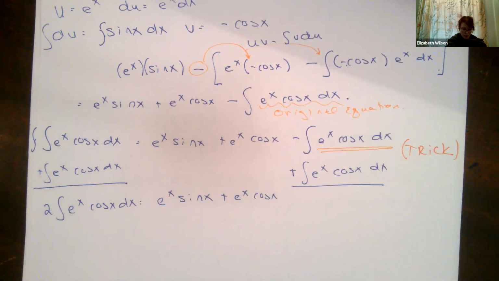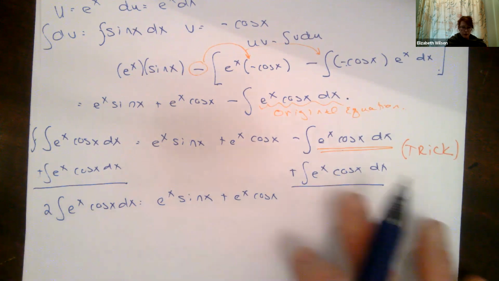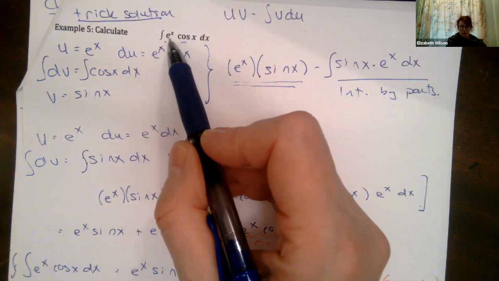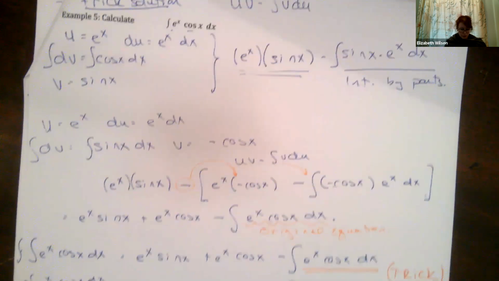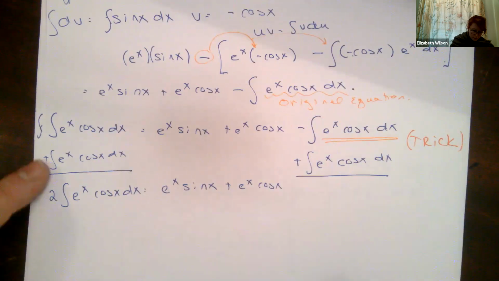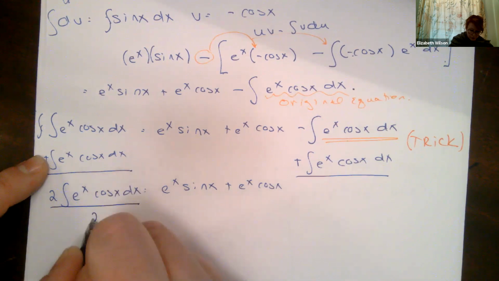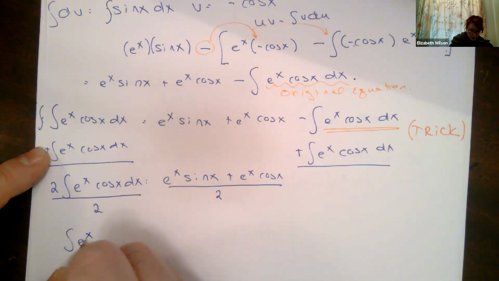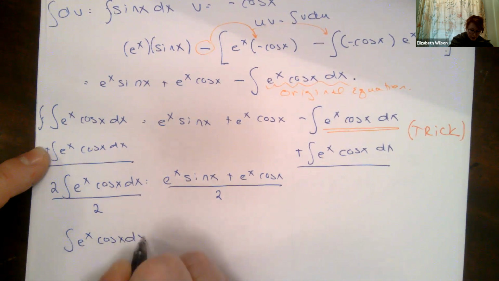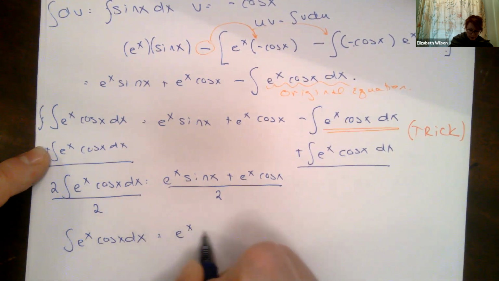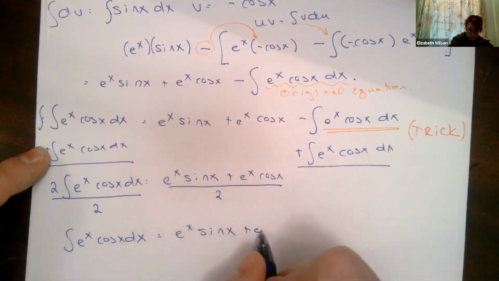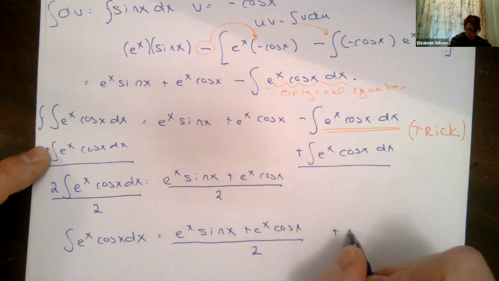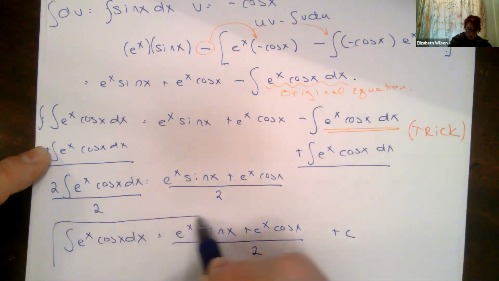But my original question was, what's 1 times the integral of e to the x cosine of x? So I'm going to divide both sides by 2, and I get the integral of e to the x cosine of x dx equals that expression divided by 2, and then I'm going to add in my plus C. We call it a trick.